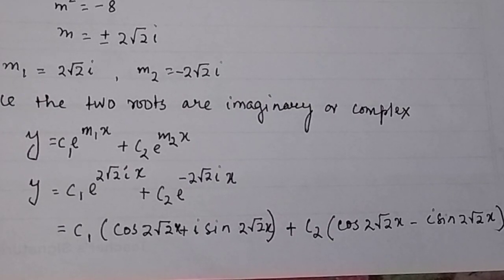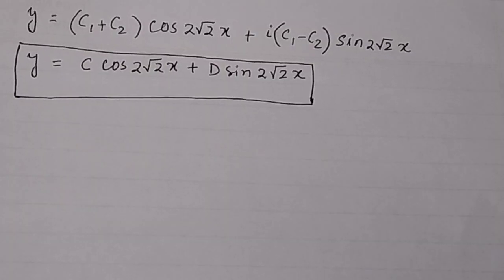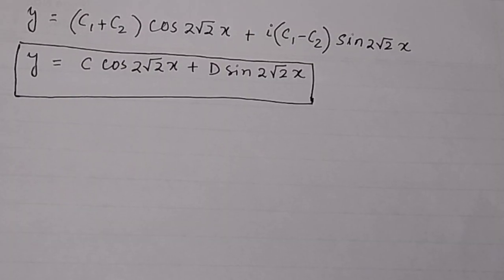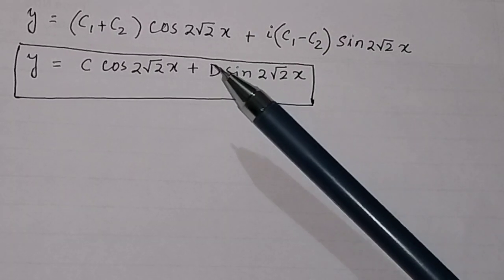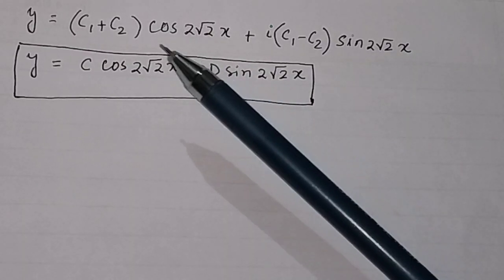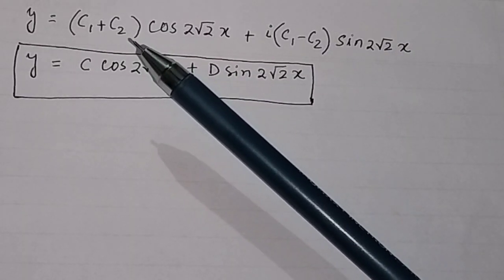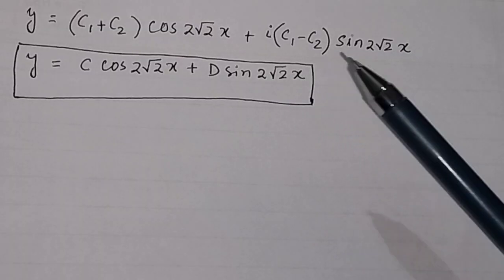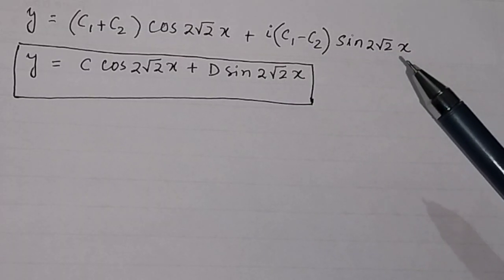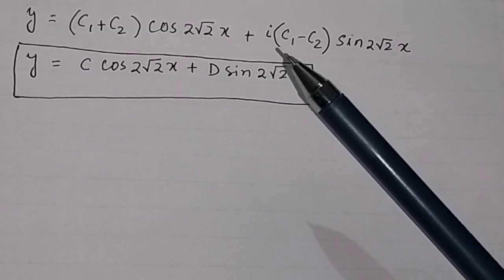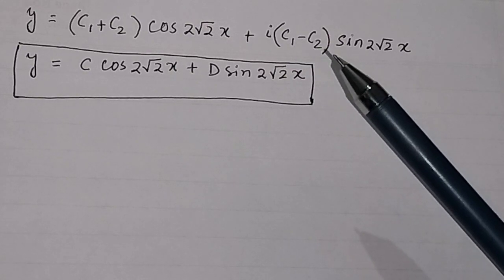So now you solve it to find the value of y. If you take cos 2 root 2 x common, then in the bracket you have c1 plus c2, and if you take sin 2 root 2 x common, then in the bracket you have i times c1 minus c2.